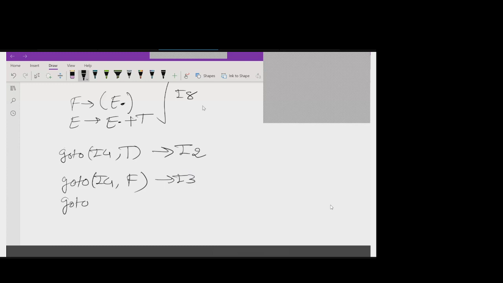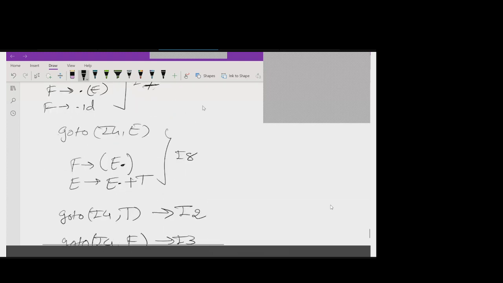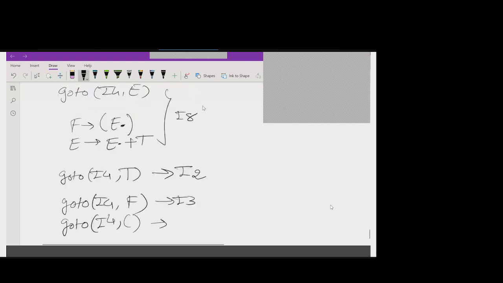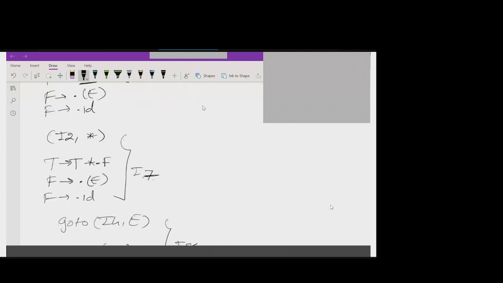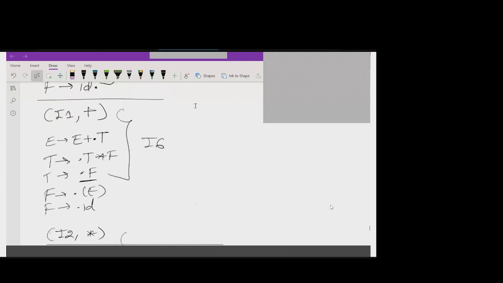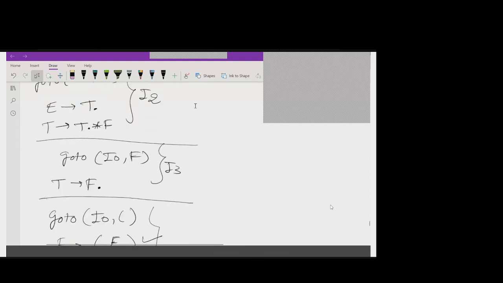Then go to I4 comma opening bracket. So when you write I4 comma opening bracket, which production you will get?